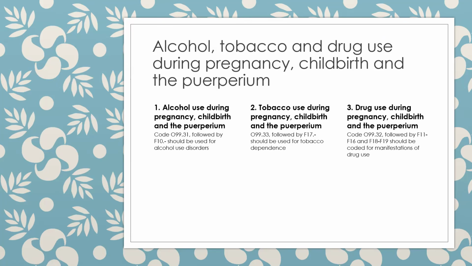This can involve illegal drugs or inappropriate use or abuse of a prescription drug. Secondary code or codes from categories F11 through F16 and F18 through F19 should also be assigned to identify the manifestations of the drug use.